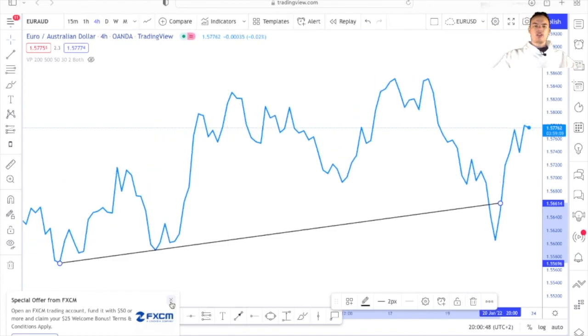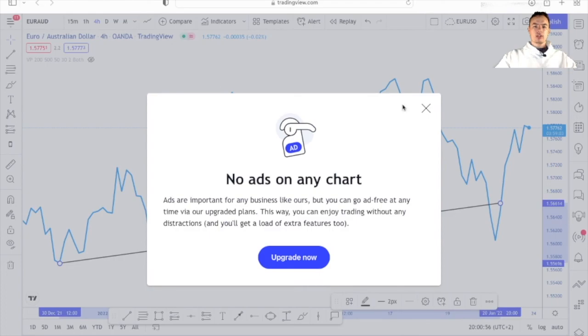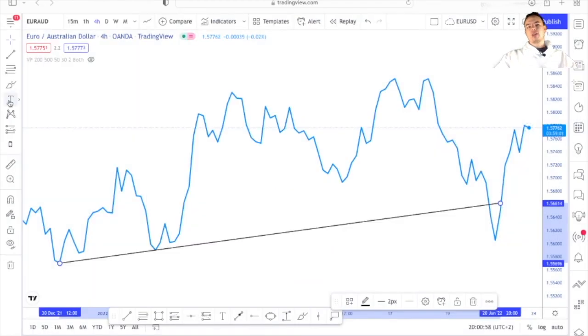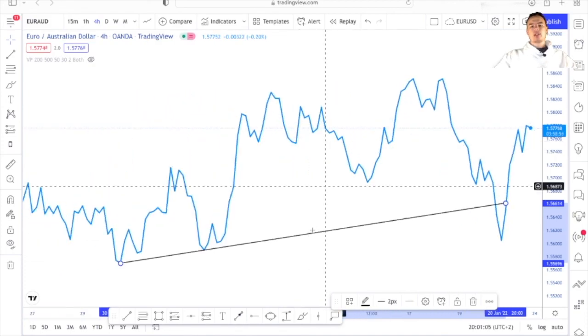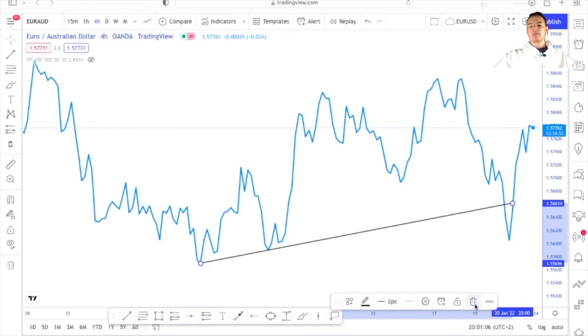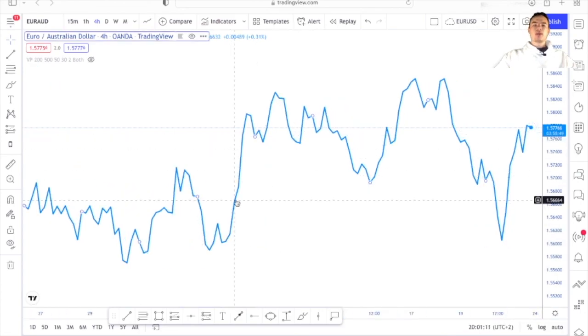So you don't have to use just one. I mean, you can, just to identify trends and stuff, use the line chart and then go back to the candlesticks. Just depends on you. Just depends what works for you. However, I basically just use candlesticks myself. And those are the three main charts.